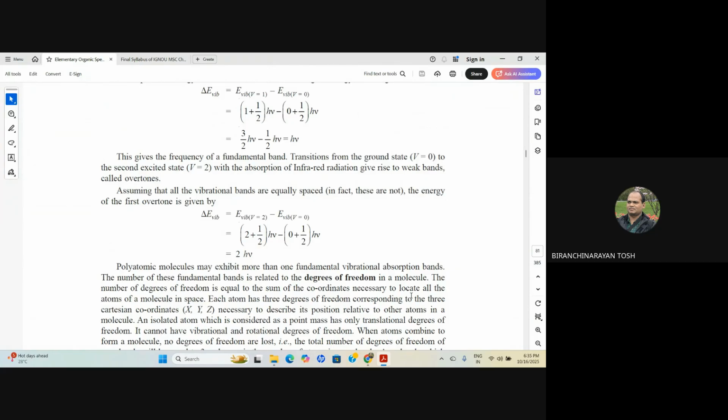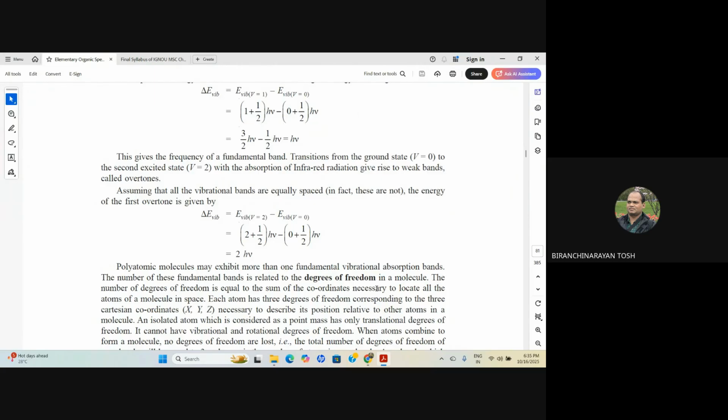For example, you consider simply one atom. If it is a single isolated atom, it will have linear motion or translatory motion, which will have 3 degrees of freedom, either in the x-axis or y-axis or z-axis.